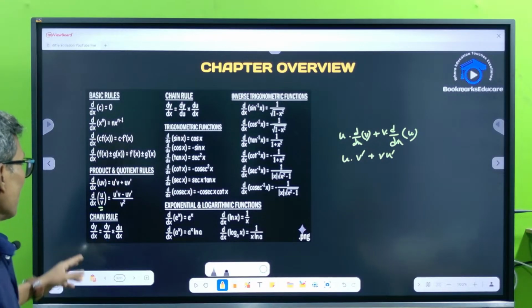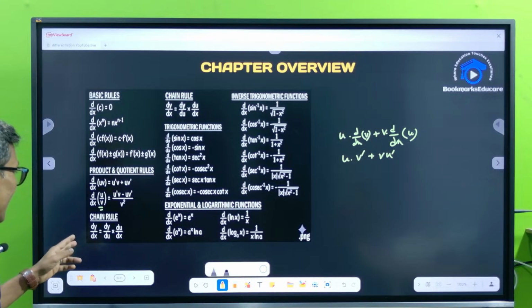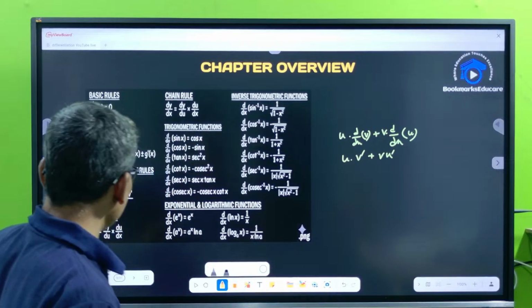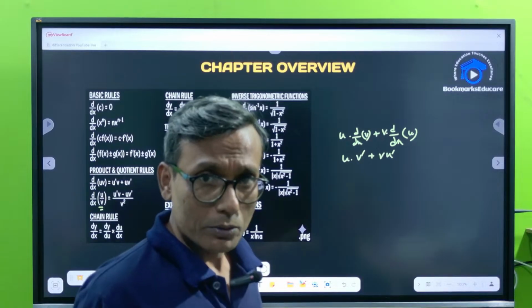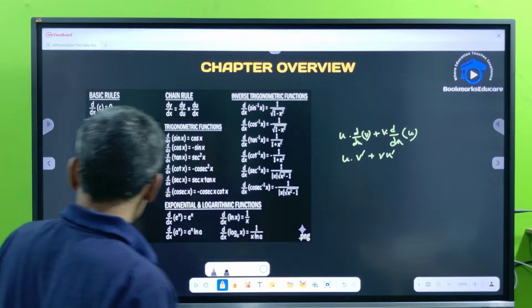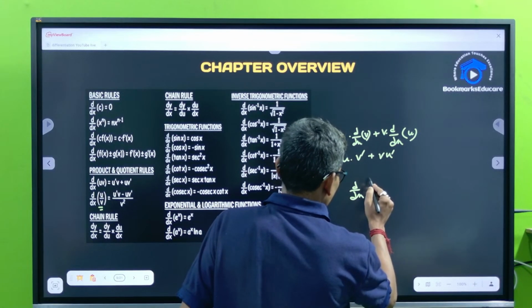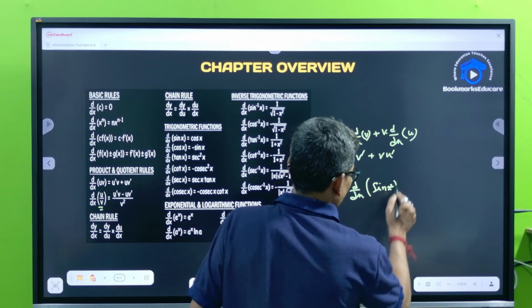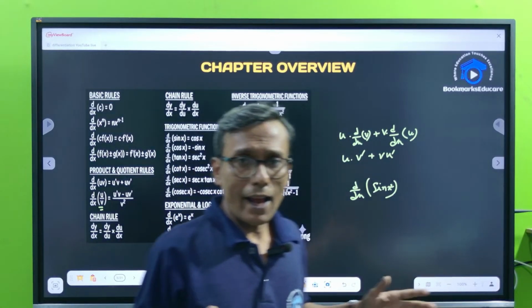Now the chain rule. What is the chain rule? Suppose dy/dx is equal to something; we can take any variable with respect to which we differentiate. Suppose d/dx of sine x square. First of all, we assume x square as a single variable.